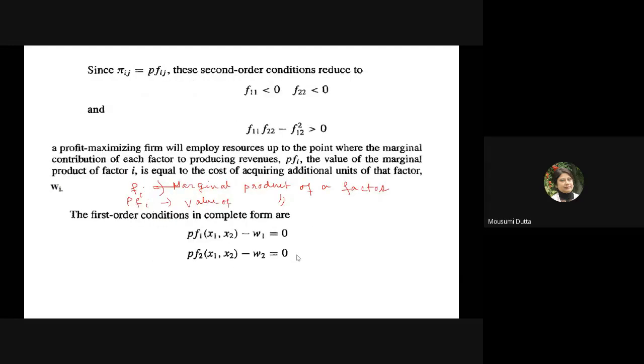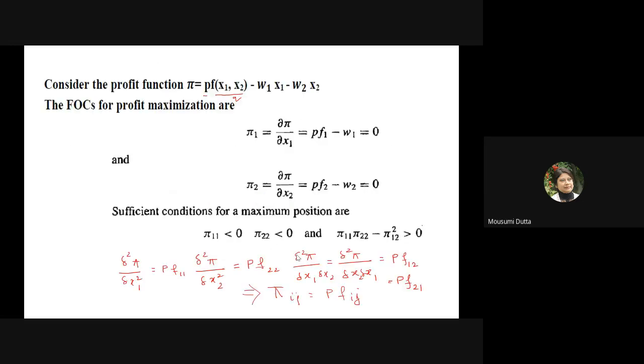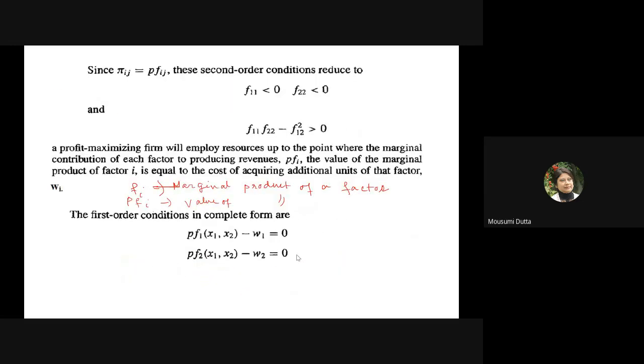This is an explicit function. Now, what we can do, we solve for these x1 and x2. Actually, solving these two first order conditions, we can derive the values of x1 and x2 in terms of w1, w2, and p. Okay. So we can find x1 star and x2 star. So these are the explicit functions.